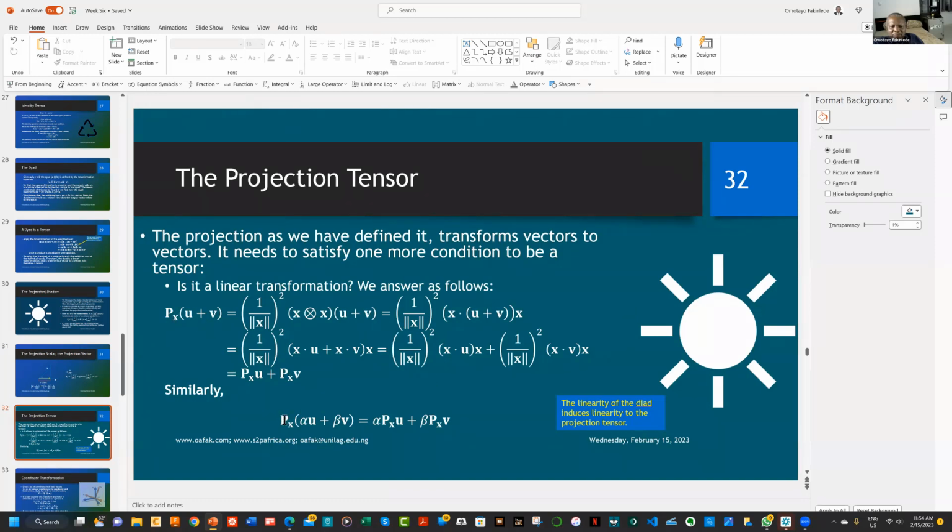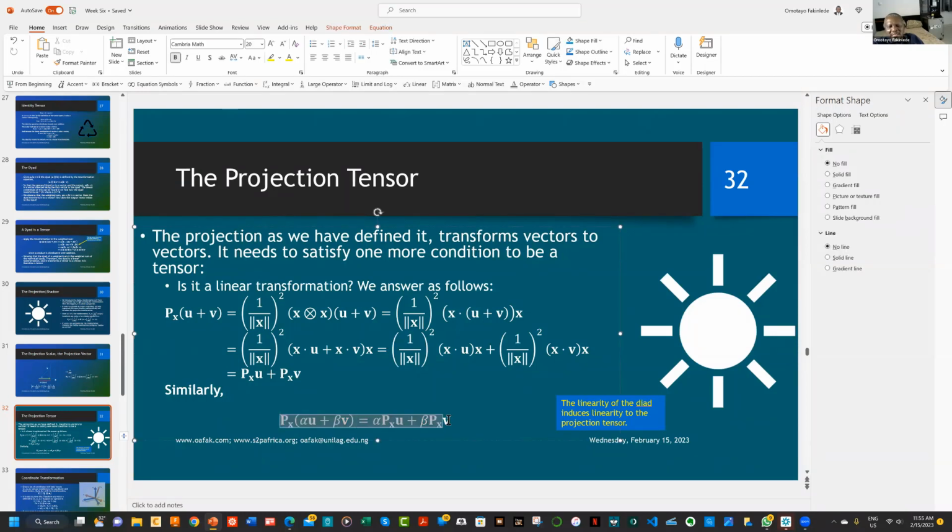I decided I don't want to go through this, but you can go through it and see that at the end of the day, when you apply the projection to a weighted sum, you take the weighted sum first, then you apply the projection. It's the same thing as if you take the projection in each case and then apply the weighted sum to the answers. And if that is the case, that means that the projection transformation is a linear transformation of vectors, and consequently, it is a tensor transformation.